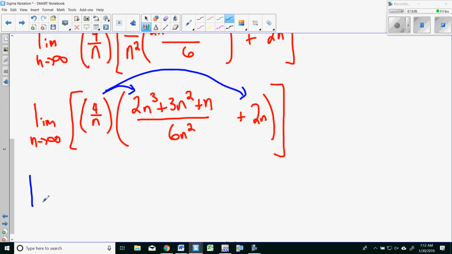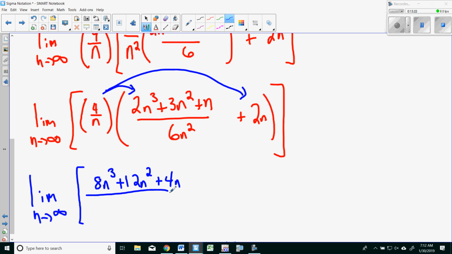So I have the limit as n goes to infinity of, and my first fraction, I'm going to multiply by 4. So this gives me 8n cubed plus 12n squared plus 4n all over 6n squared, or excuse me, cubed, because this n goes in the bottom, plus 8n over n.